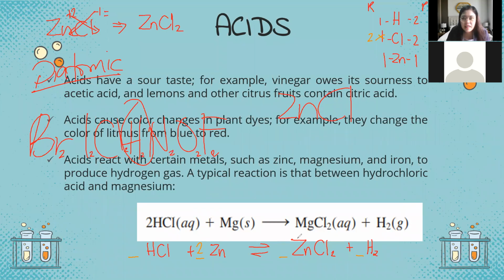So balance na si chlorine, pero take note na kasama niya si hydrogen dyan kasi isang compound sila. So hydrogen will become 2 also. But as I place 2 here, naging balance din si hydrogen.